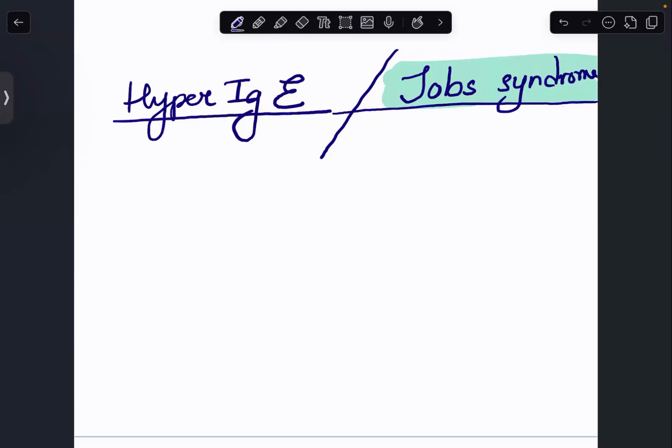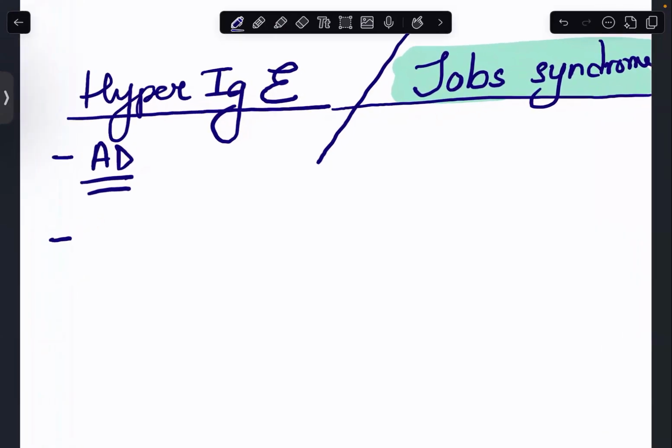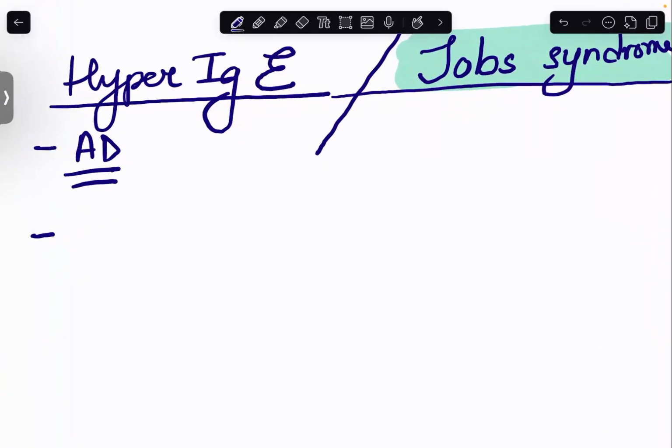Now there is something very interesting here. This is autosomal dominantly inherited. Okay, along with that, in hyper IgE, it is not hypo, so there is no problem with the immunoglobulin. The problem is that it is a combined B and T cell abnormality.